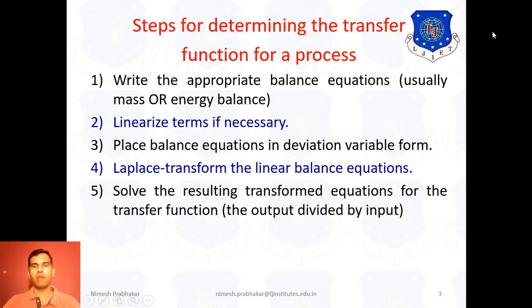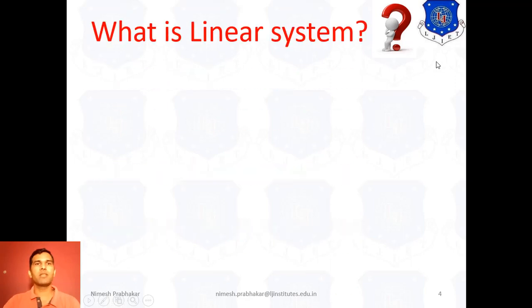Okay, now we move to nonlinear systems. But before we understand nonlinear systems, first of all we understand what a linear system is. Which system is known as a linear system?